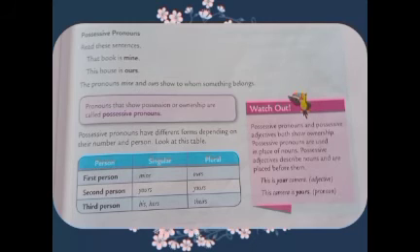Both show ownership only. Possessive pronouns are used in the place of nouns, and possessive adjectives describe nouns and are placed before them. Just before the noun we place the possessive adjectives, and possessive pronouns are used in the place of nouns.